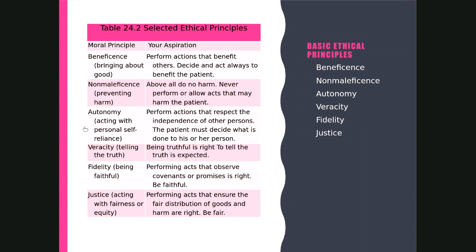If that's the case, then the autonomy would transfer to whoever the power of attorney is. But if they don't have that, then each patient has the right to decide what is or is not done, meaning they have the right to refuse an exam. If a patient tells you they do not want the exam done, then you have to listen to that.